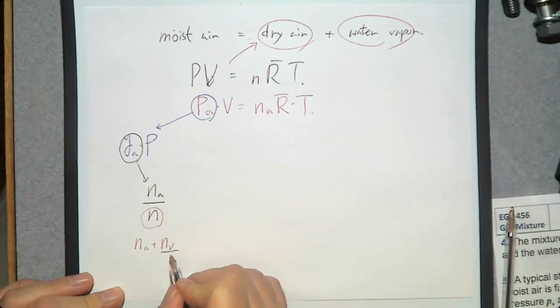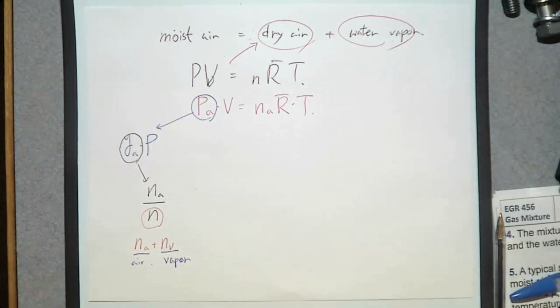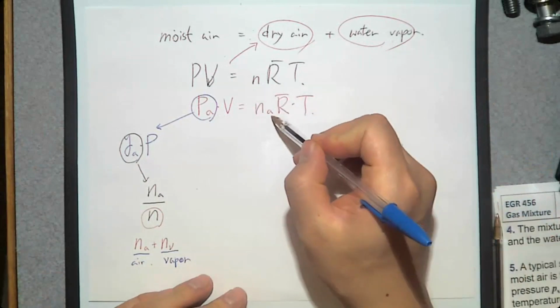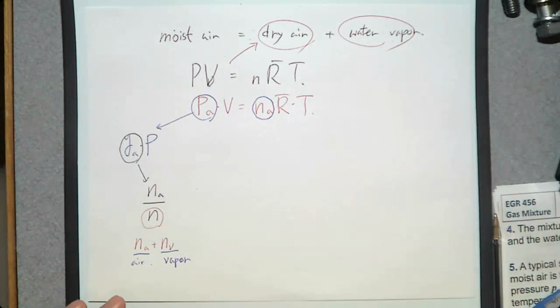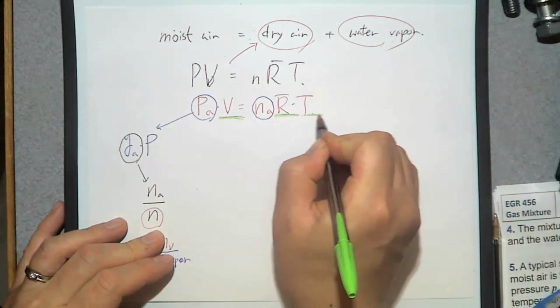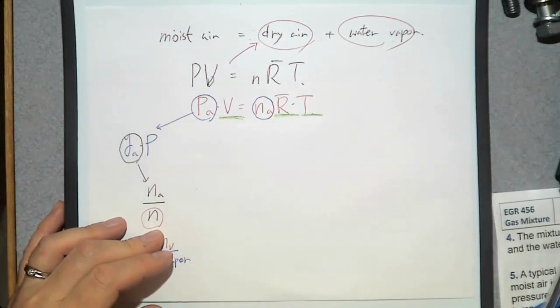This one is water vapor, and this one is dry air. So that's how we determine the partial pressure of dry air. And this is the number of moles of dry air. The volume, the gas constant R, and the mixture temperature T, we use the same value.